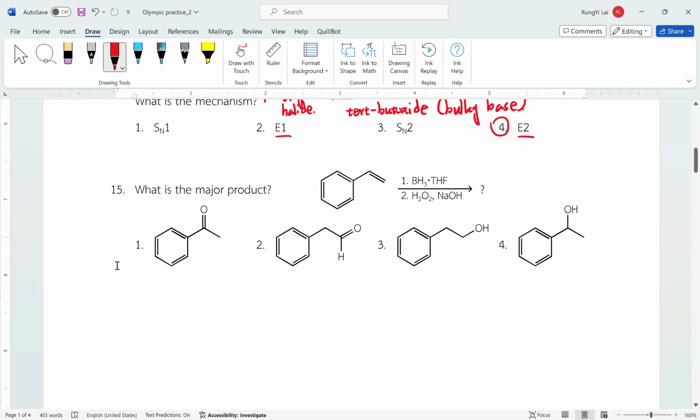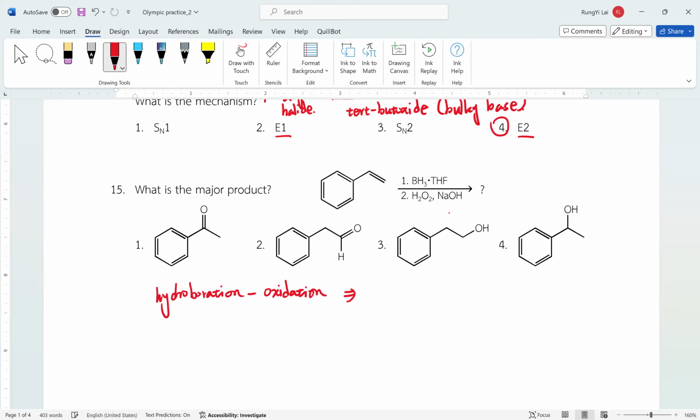So the next one, let's look at this one: what is the major product? Okay, so you can see this one is the alkene plus borane and then hydrogen peroxide in basic condition. That means this question is talking about hydroboration followed by an oxidation reaction.